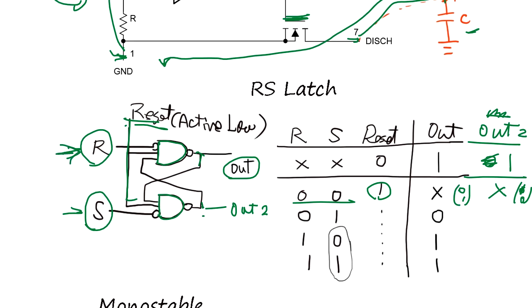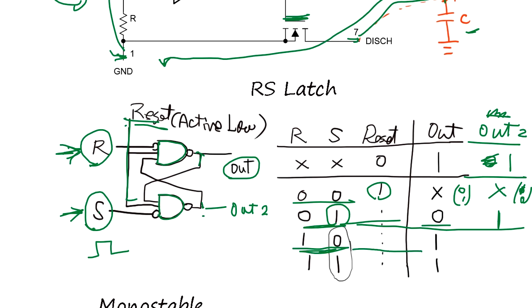What happens is you give a signal set 1, then out becomes 0 and the other out becomes 1. So this is a set action. Then you bring this S to 0. So you set, and after that reset is this state. Then it's flipped. The result is flipped.